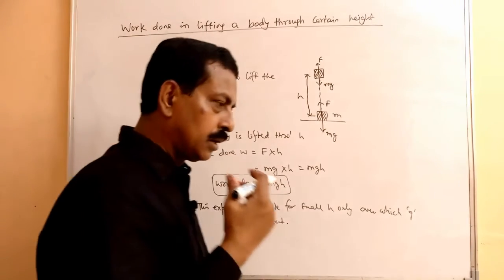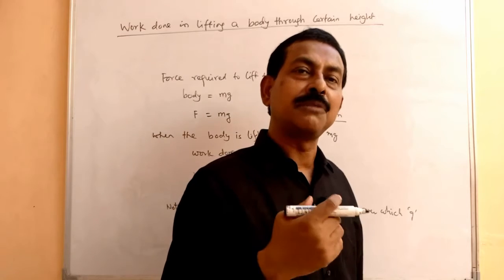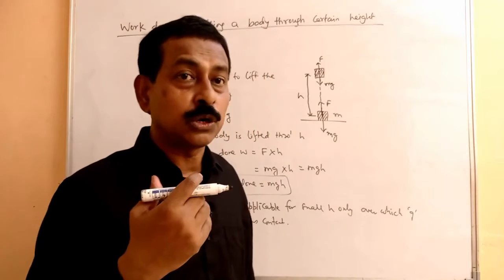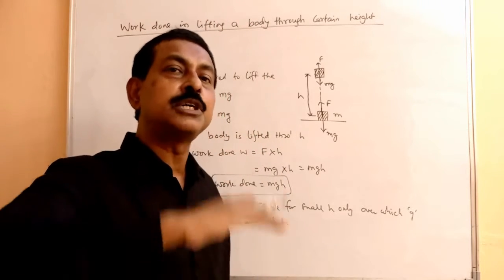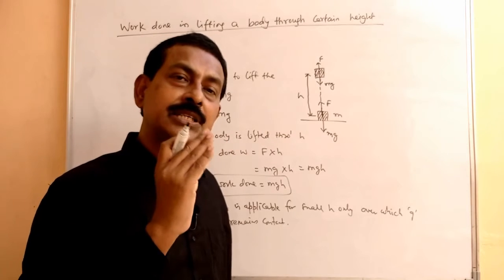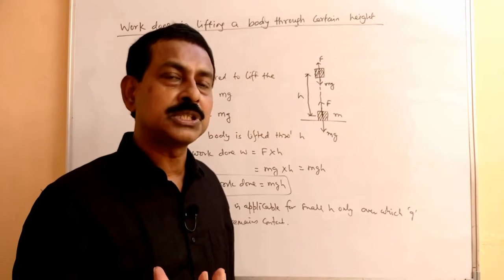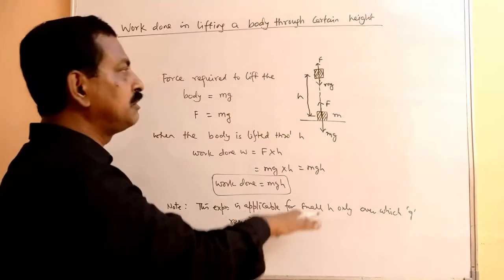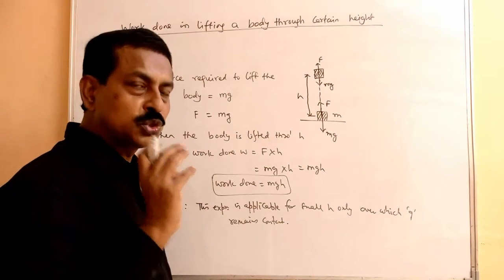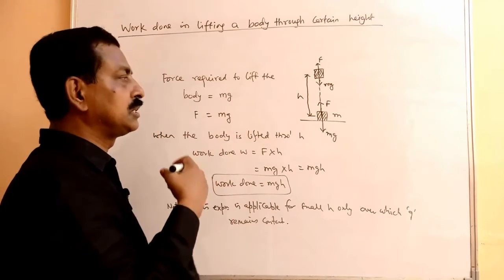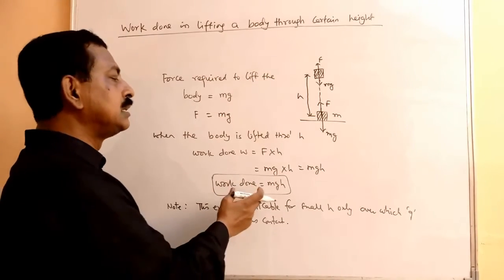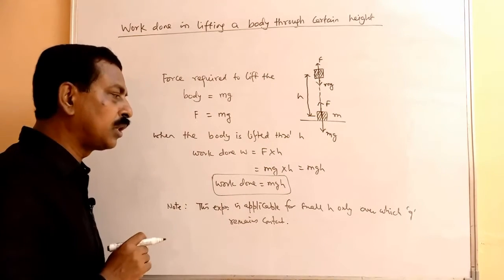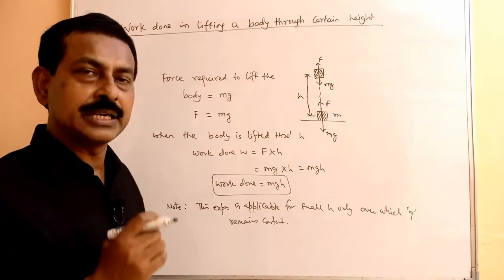In the gravitation chapter, you will find the work done when a body is lifted through height h, where we are not neglecting the variation in g. We can do the expression and find out the work done in such cases. But here you just remember, if it is lifted through a height h which is not so large that the variation in g is appreciable, then it will be equal to mgh. So this is the expression for work done in lifting a body through height h.